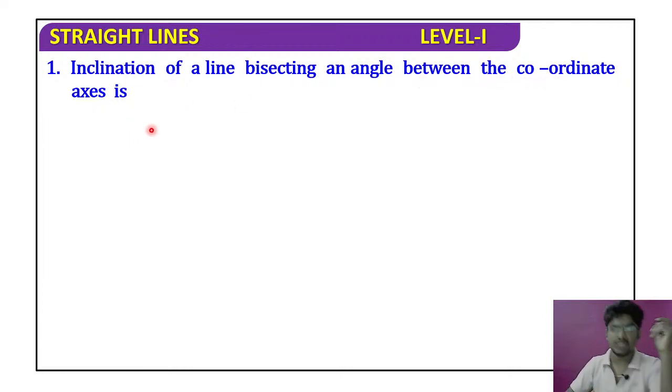So here you have to understand the question first. That means there is an inclination by the line bisecting an angle between the coordinate axes. So how much you understand this question, that much easily you can write it.